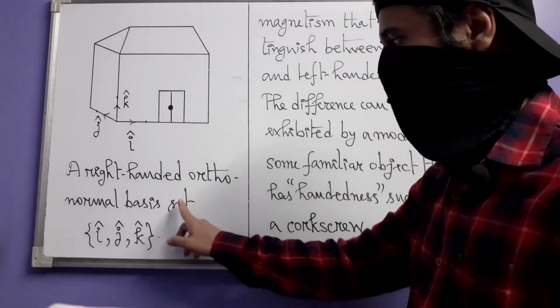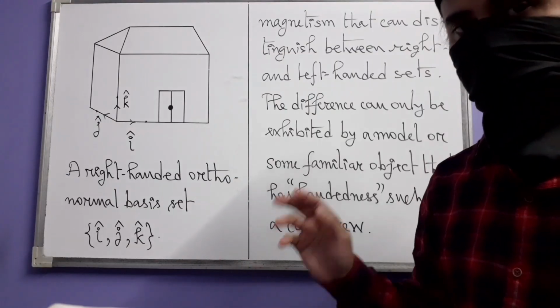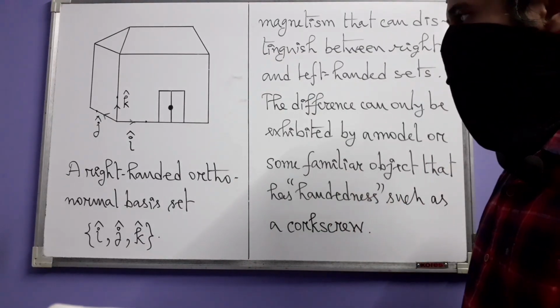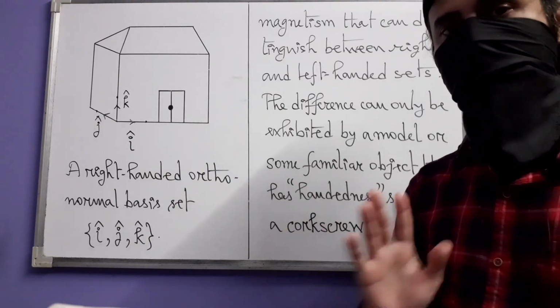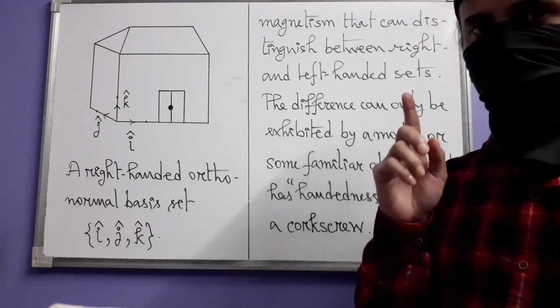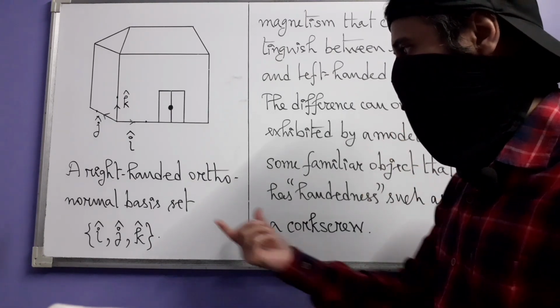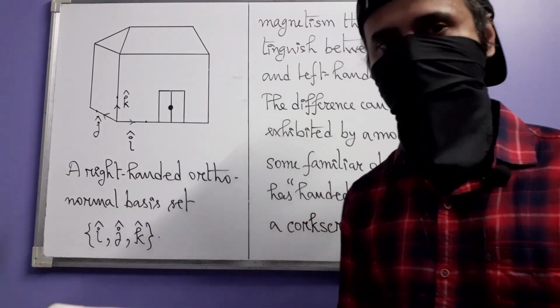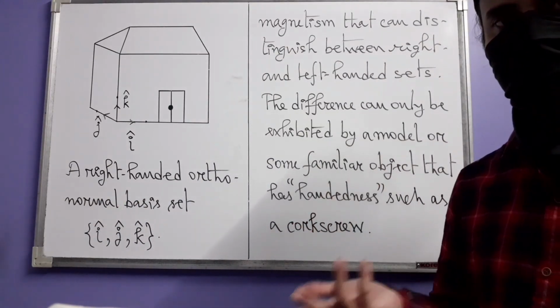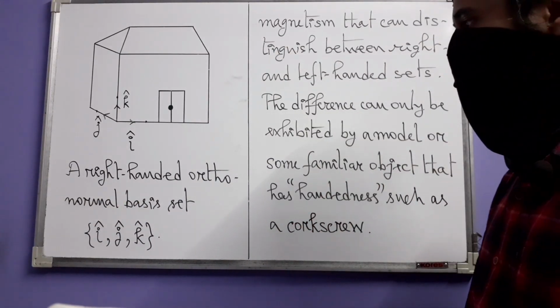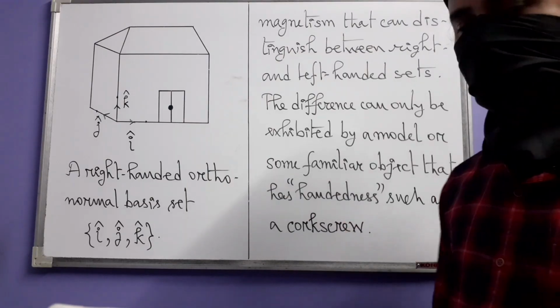Why is it an orthonormal basis set? Let us first see that. All the vectors are unit vectors. They all have magnitude 1. Okay, so that is why normal. Normality means having vectors of magnitude 1. And where is this ortho coming from?